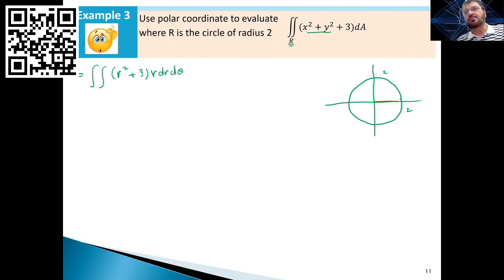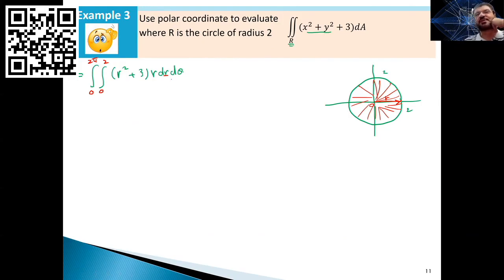What's the length of r? It starts from 0 to 2, isn't it? So r is from 0 to 2. To cover the whole circle, how much do I have to rotate, guys? Full rotation, isn't it? Full rotation will cover the whole circle. So it's from 0 to 2 pi, and that's it.